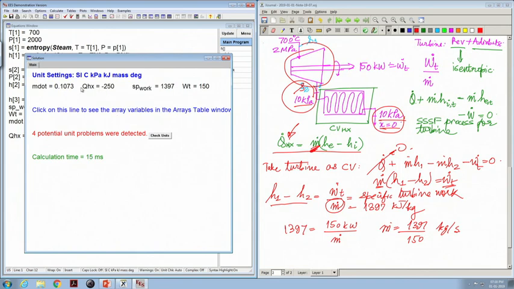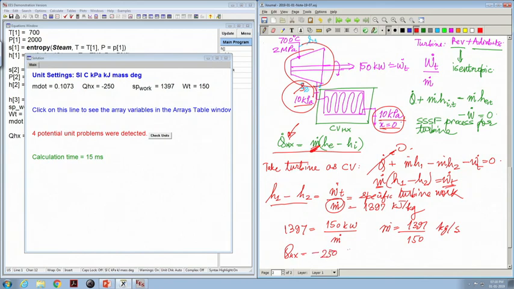So, the heat transfer from the heat exchanger is minus 250 kilowatt. It is a huge amount of heat transfer, by the way.